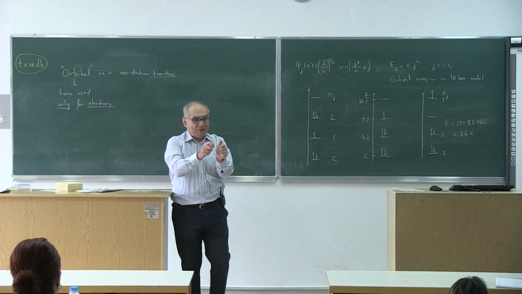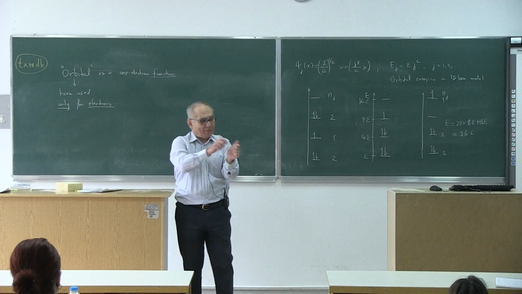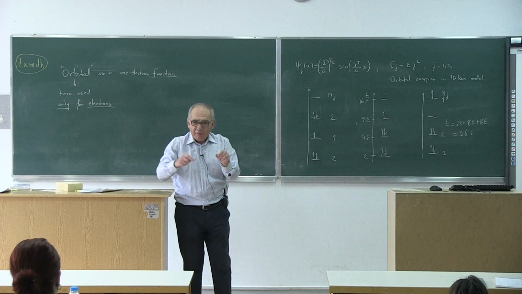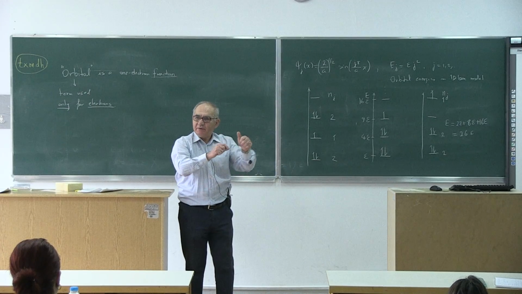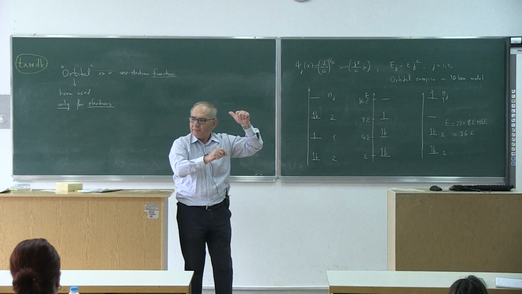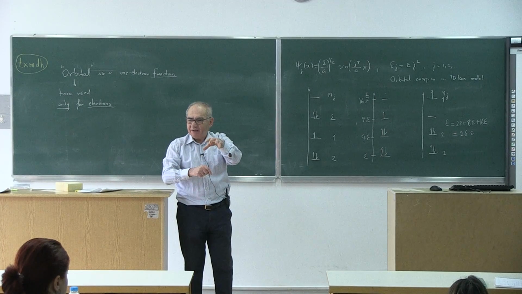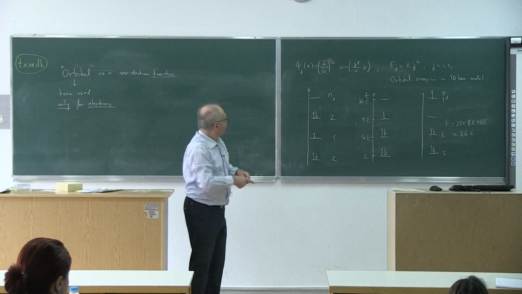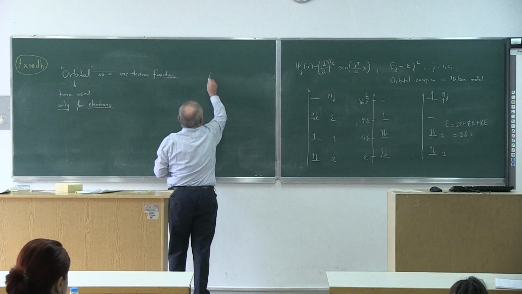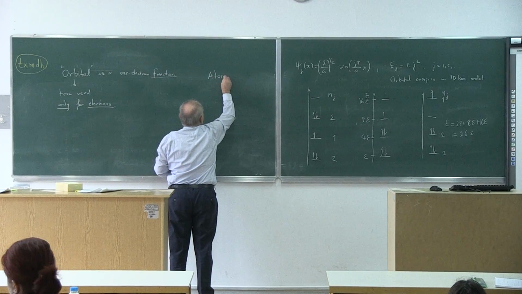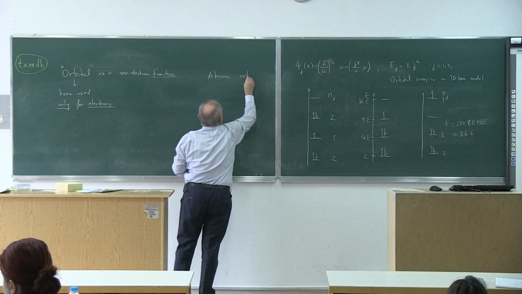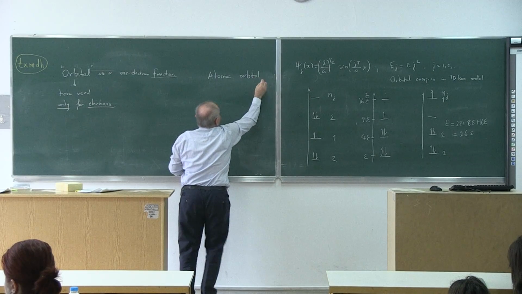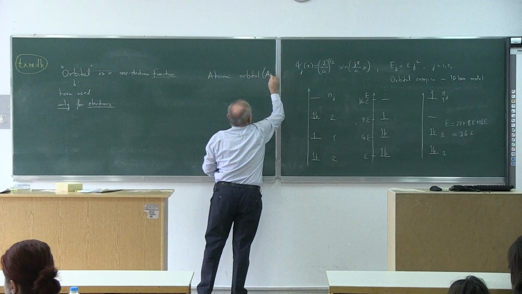In that case, to distinguish the type of electrons, atomic electrons or molecular electrons, we use one more word before this term, orbital. If the electrons are in an atom, we call them atomic orbitals, AO for short.